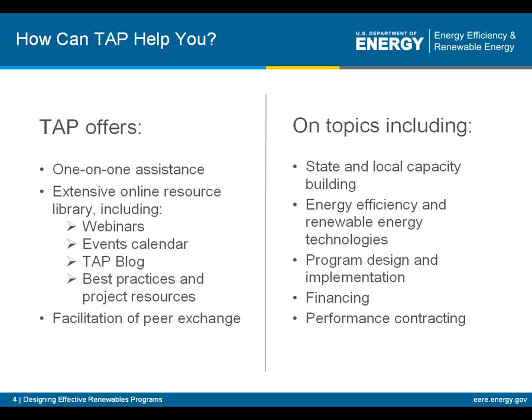In addition, there's one-to-one assistance available to you at your request through the Technical Assistance Network, as well as the development and facilitation of some peer-to-peer exchange through meetings being planned for later this fall and winter. And we provide this assistance on a number of different topics as listed here.